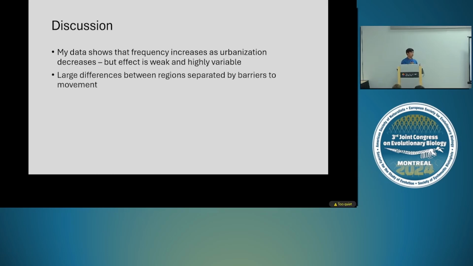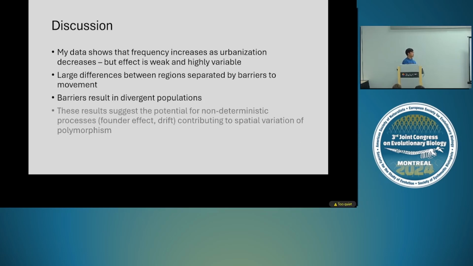Notably, the large differences in the prevalence between different regions in my data set seem to suggest that the rivers may cause significant barriers to movement, resulting in divergent populations, which results in divergence in environmental responses. So I think that maybe it is non-deterministic processes like genetic drift or gene flow or the founder effect that really are the strongest predictors of spatial variation of polymorphism.